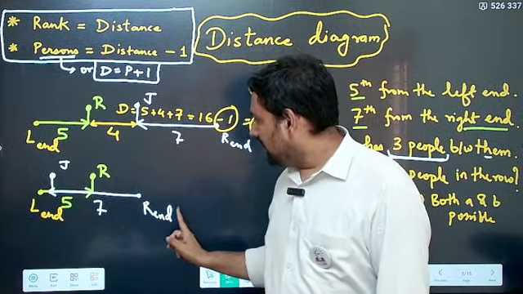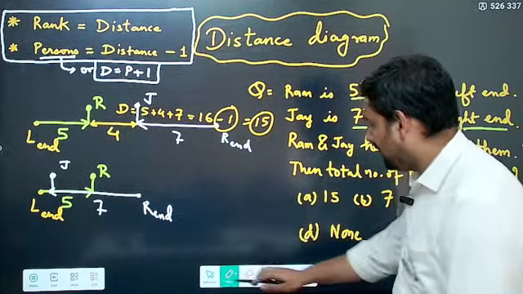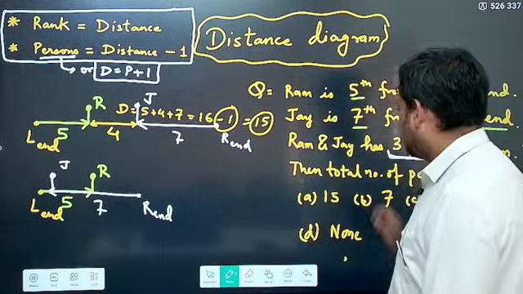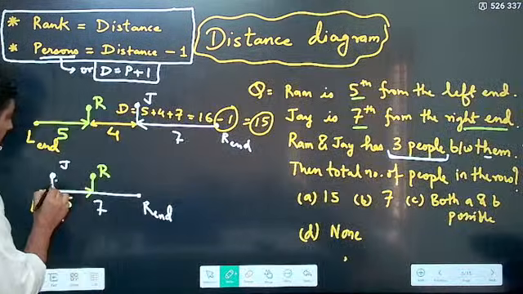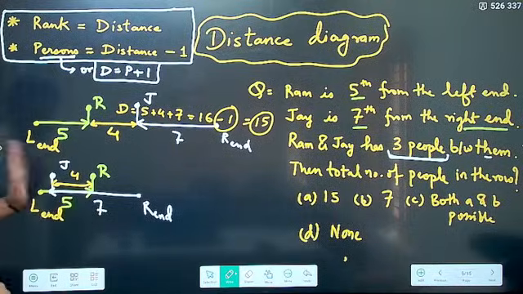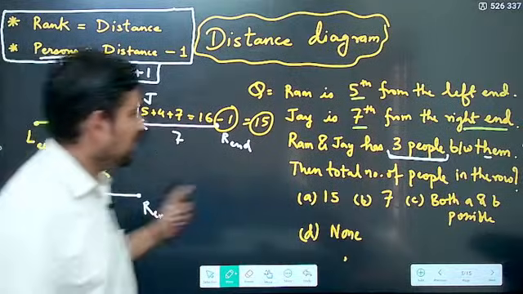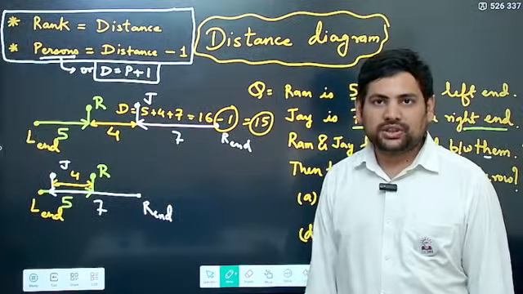Then J is 7th from the right hand. That also is ensured. Now the other thing was that Jay and Ram have 3 people between them. So this length should have been 4. Okay, this is 4. Now Jay is ahead, Ram is ahead, does not matter. It only talks about them having 3 people between them. So this is also a possible diagram.